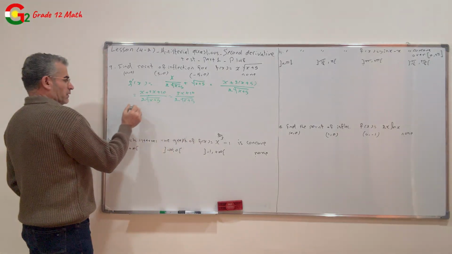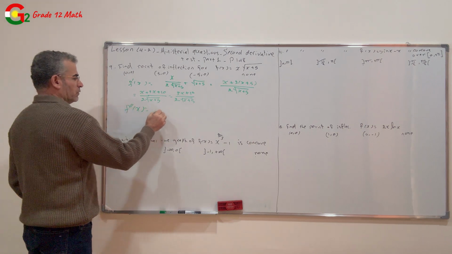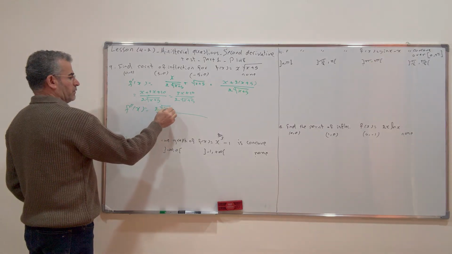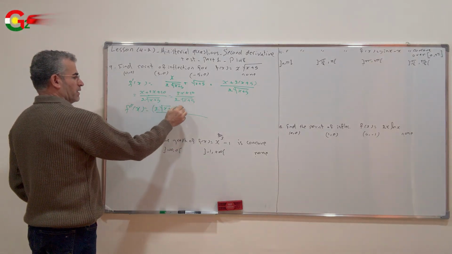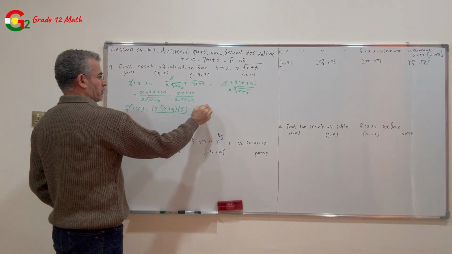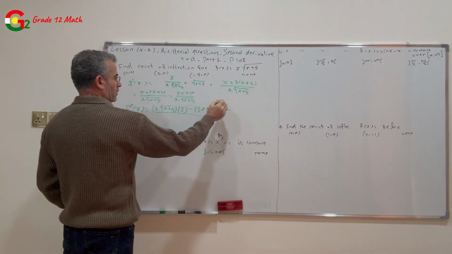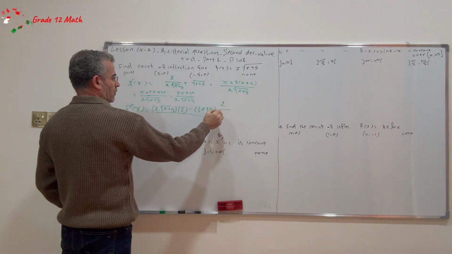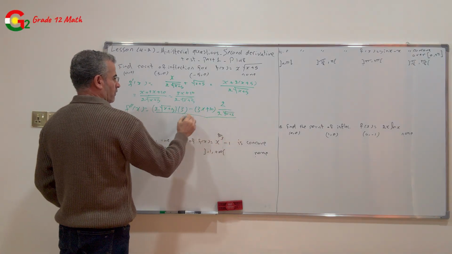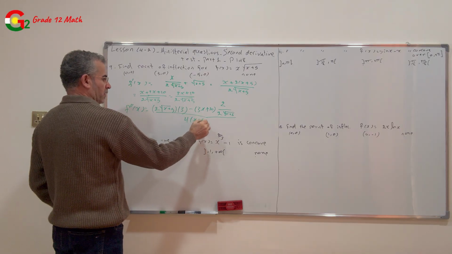Find the second derivative of this function. f double prime of x equals the denominator 2 square root of x plus 5 times the derivative of the numerator 3, minus the numerator 3x plus 10 times the derivative of the denominator, which is 2 over 2 square root of x plus 5, over the denominator squared, 4 times (x plus 5).